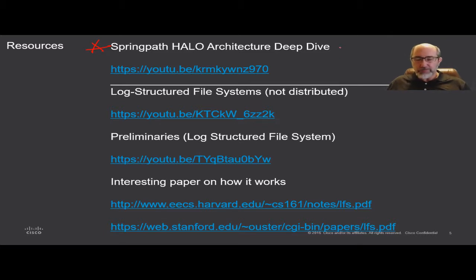But it gives you great in-depth information about the SpringPath Halo architecture. This is from when SpringPath, it's probably 4 years old now, but it still holds true because the underlying technology that they developed for this product is still there. It's part of what Cisco has built their product on.